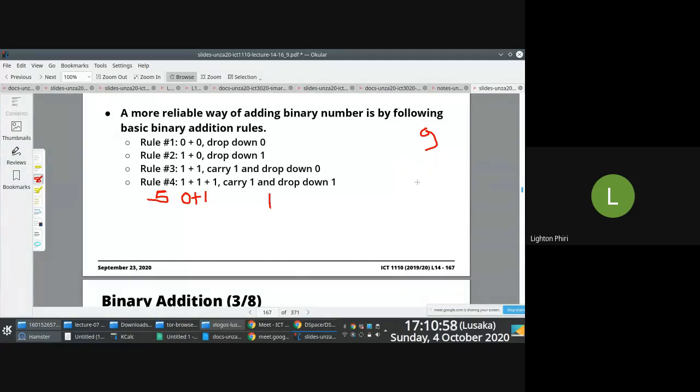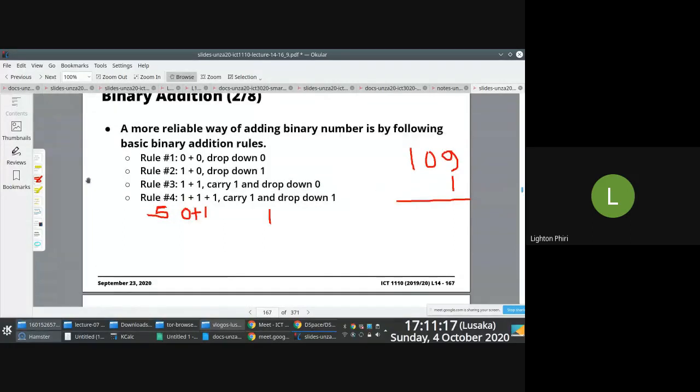Let's do 109. What is 109 plus 1? What is the answer here? I know you know the answer. 110. Exactly.